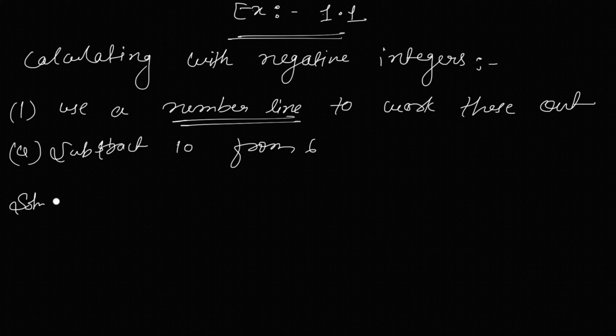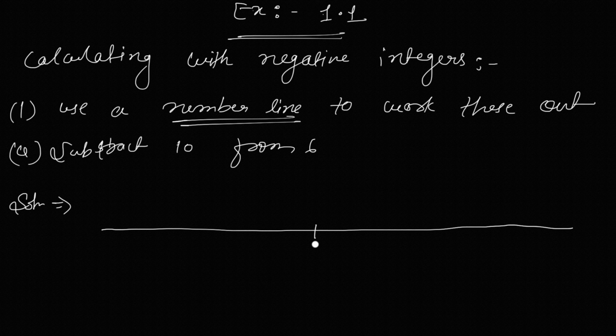How are you going to solve it? Let's say this is the number line and I'm considering this is the 0. Then 1, 2, 3, 4, 5, 6, and it will go on.